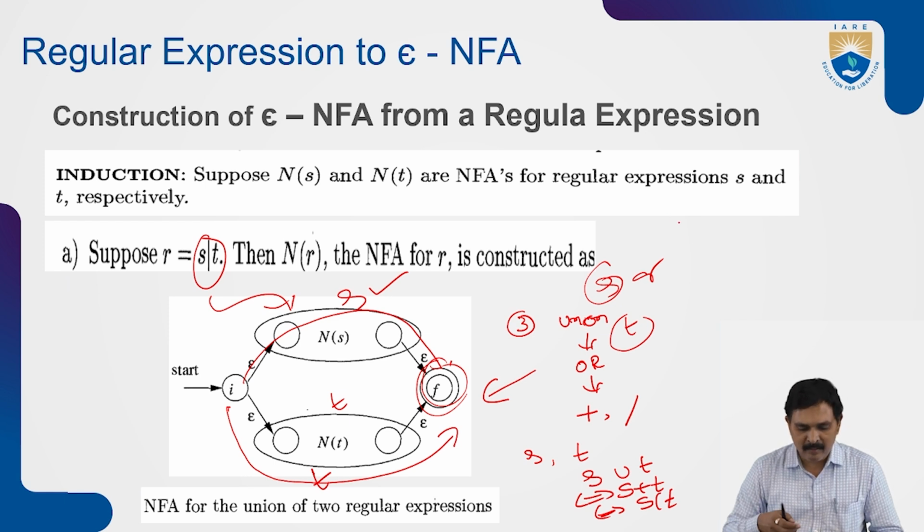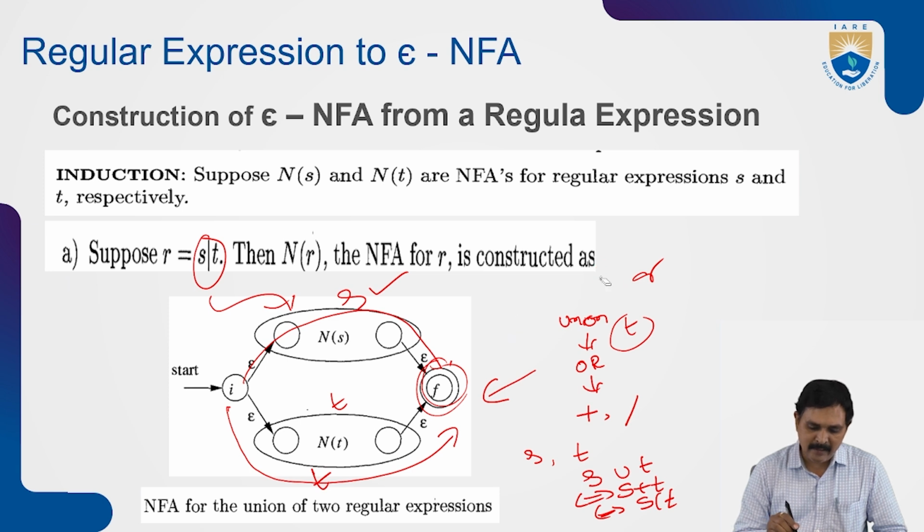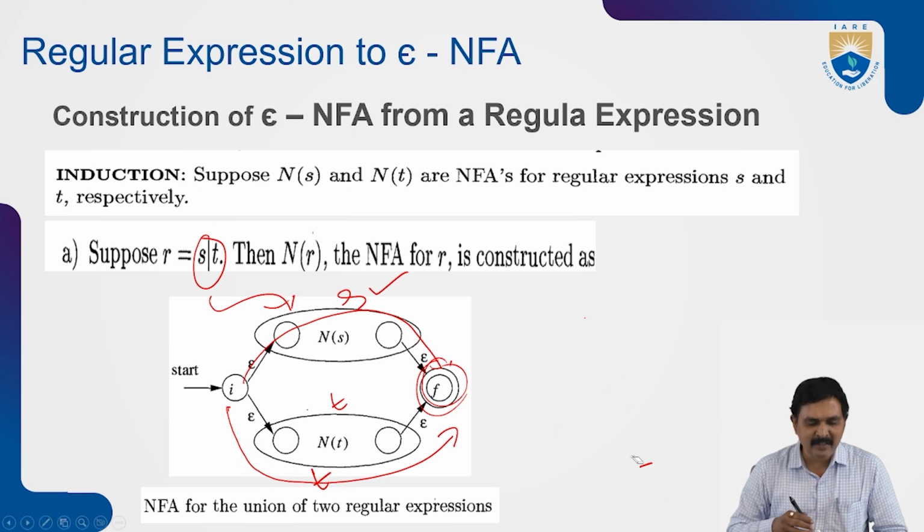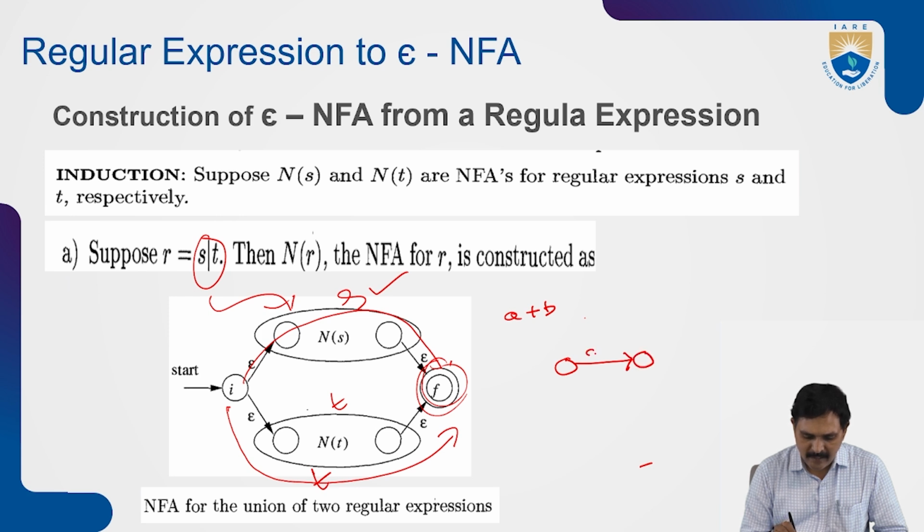Suppose I give an example: one symbol is A and another symbol is B. As per this syntax, I am writing A plus B. First you take A, and another is B. Taking B, you create null symbols here.